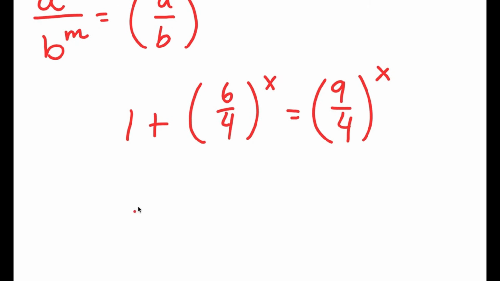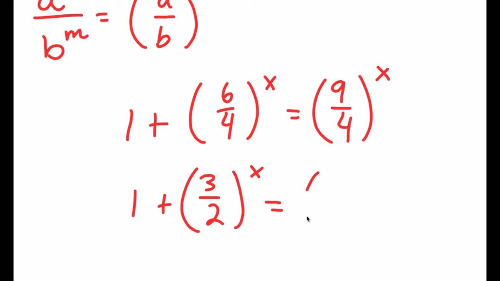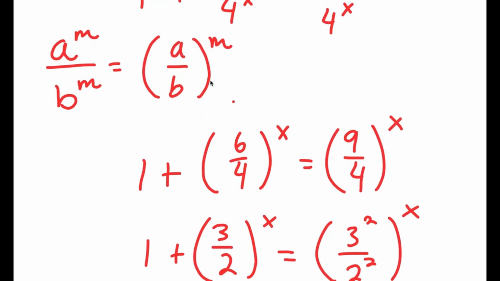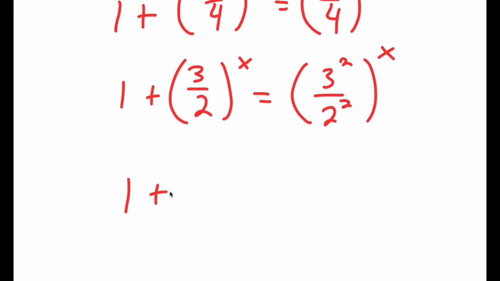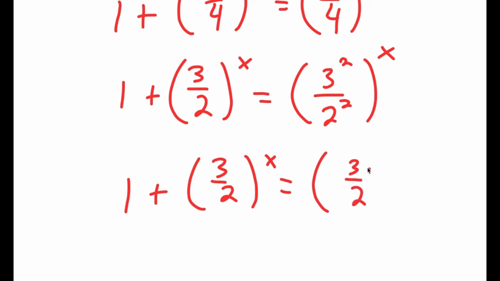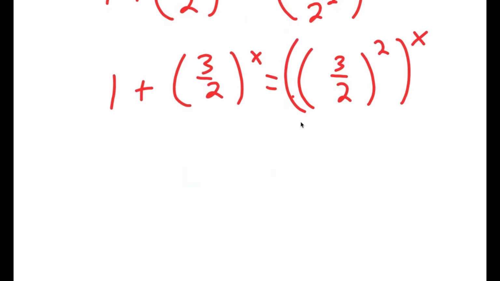Now I can simplify these fractions. So 6 over 4 is equal to 3 over 2. And 9 over 4 I'm going to rewrite as 3 squared over 2 squared. And I can actually use this property again for 3 squared over 2 squared. So that's going to equal 3 over 2 squared, to the power of x.